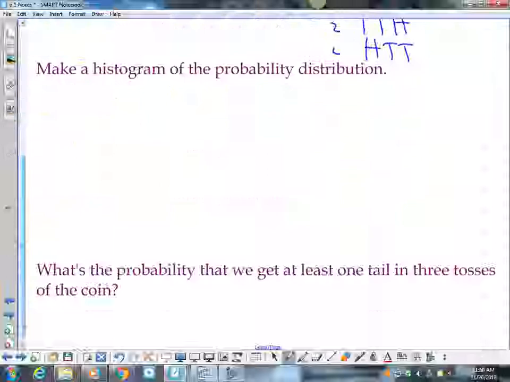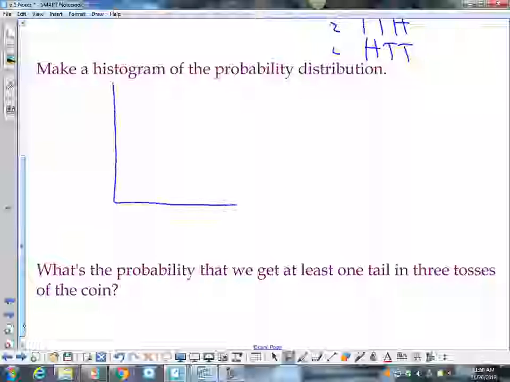Okay, now I want a histogram. What's a histogram? They are bars. Do they touch or not? They do touch. You have an X and a Y axis. Stuff has to get labeled. All right.